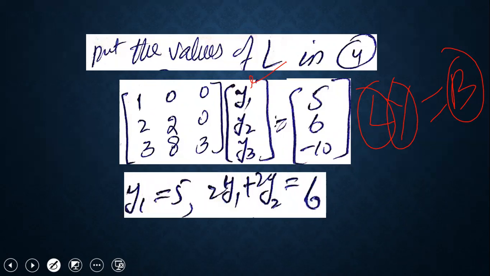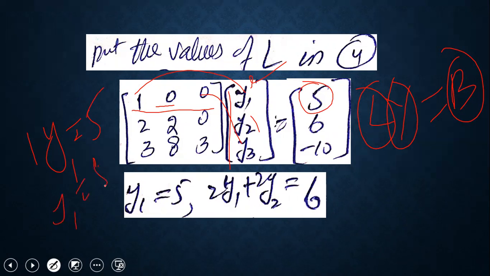Now take the product in this direction. 1 into Y1 will give you Y1, and 0 into Y2, 0 into Y3, so you will get nothing. The first value on the right is 5, so it means Y1 is equals to 5. Now multiply this with the column of y1, y2, y3.